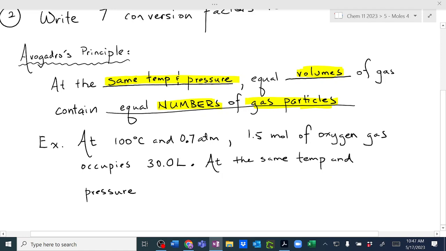So at 100 degrees Celsius and 0.7 atmospheres, 1.5 moles of oxygen gas occupies 30 liters. At the same temperature and pressure, what volume is occupied by 3 moles of hydrogen gas?